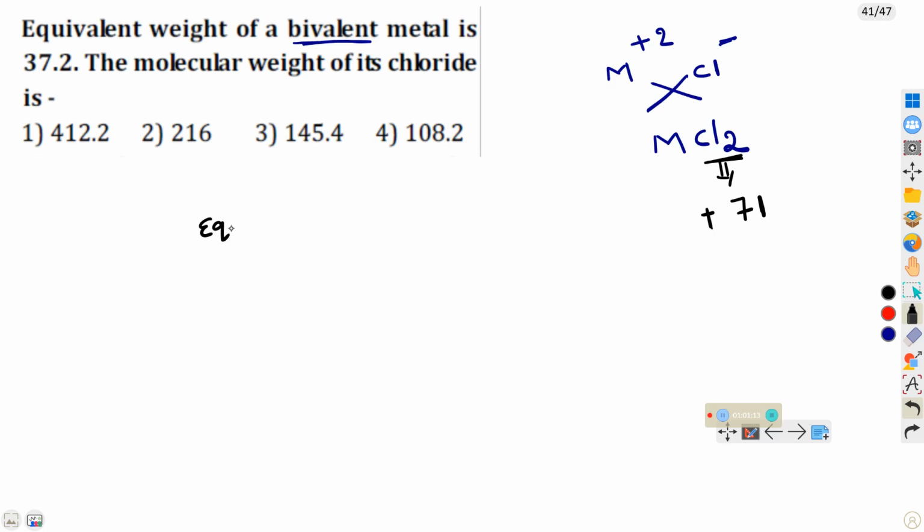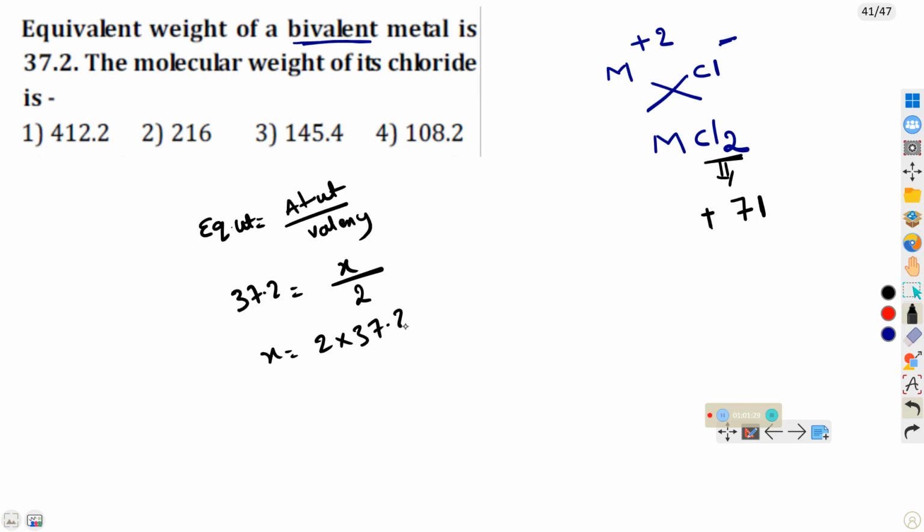Equivalent weight equals atomic weight divided by valency. 37.2 equals x by 2, the valency. Then x equals 2 into 37.2, which is 74.4. Add, then you will get 145.4.